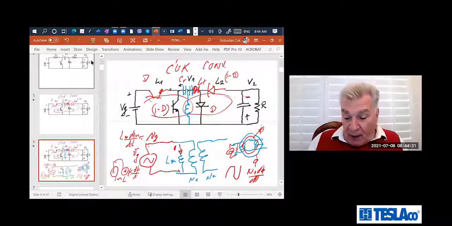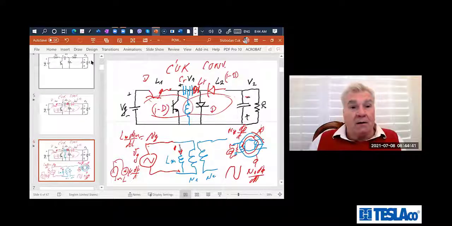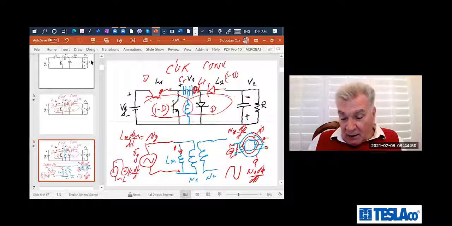But if you put an extra winding here, what happens? This one generates N2 times the same flux d phi per dt, which is generated on a second winding, right? So far you don't have any load on the output, which is open.